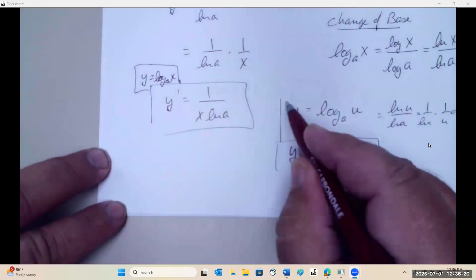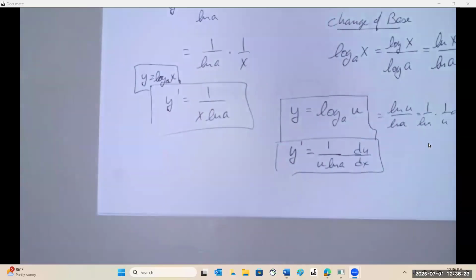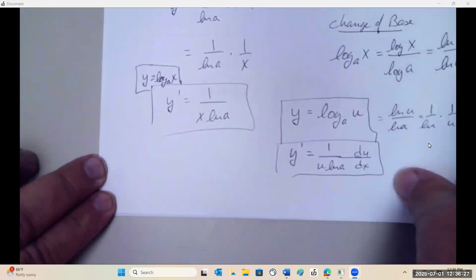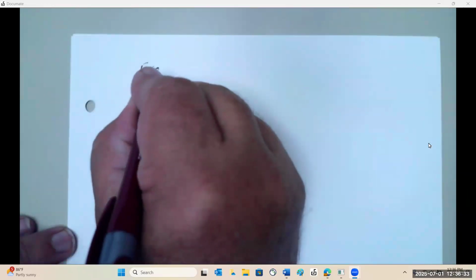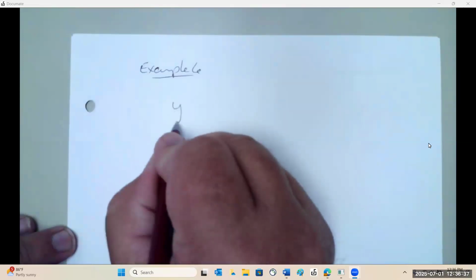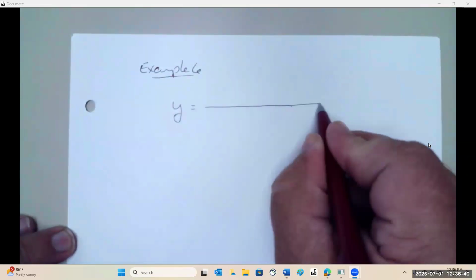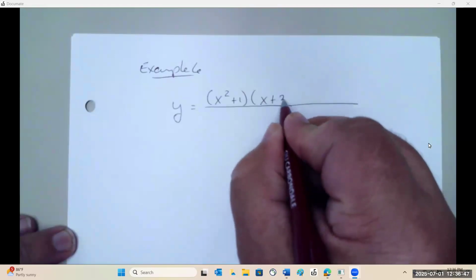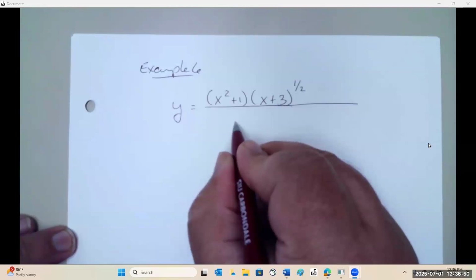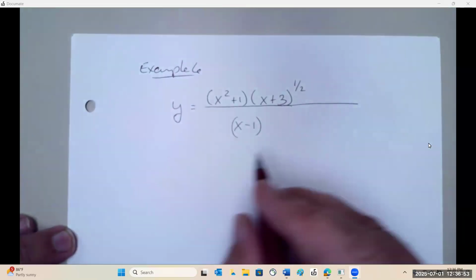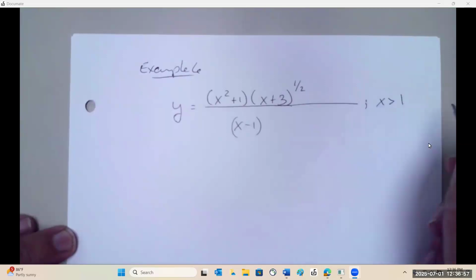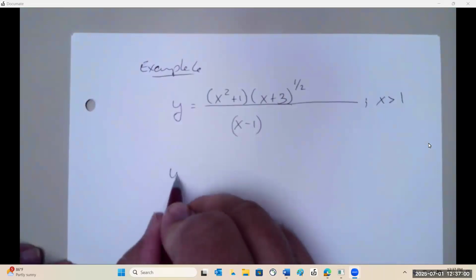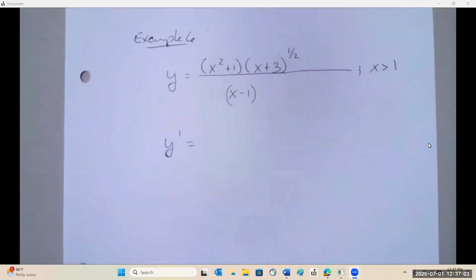So if we had this, there's a derivative: x squared plus 1, x plus 3 to the power 1/2, x minus 1, where all of our x's are greater than 1. Find the first derivative.